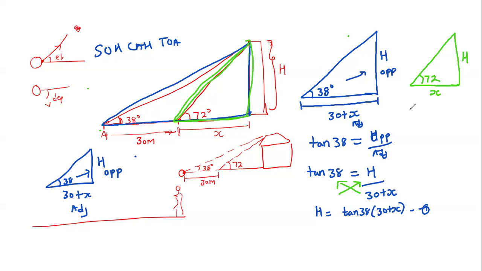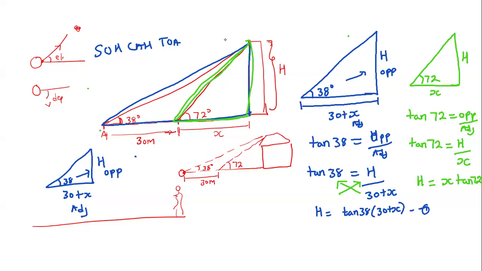So still I do the same, that tan of 72 will equal opposite out of the adjacent. So I'll have the tan of 72 equals opposite, which is h, divided by the adjacent, which is x. So still, when you cross multiply, you'll have your h equals x tan of 72.